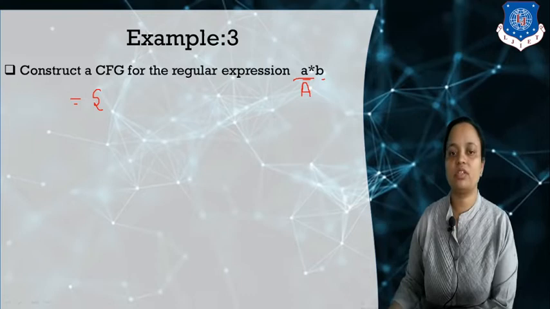Here I have used the non-terminal symbol A. A is helping to generate A star. Now B is not repeated, so I cannot use another non-terminal for this non-repeating symbol.